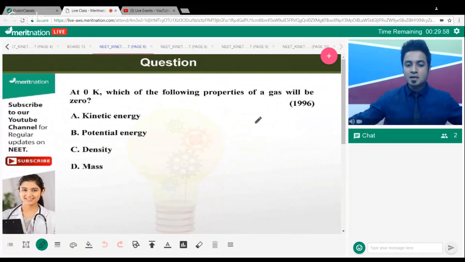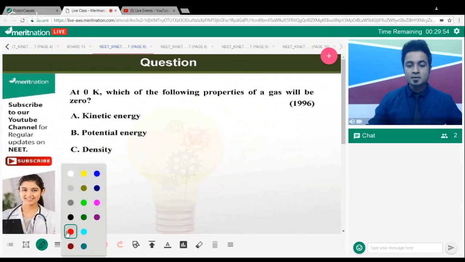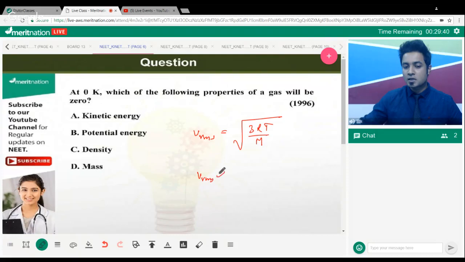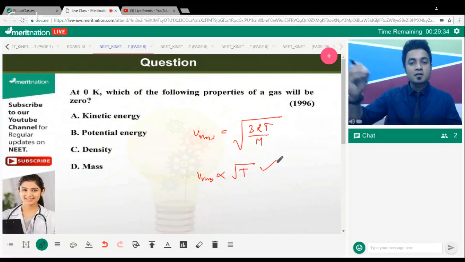I have just told you that the vrms, the root mean square speed, is nothing but under root 3RT upon M, and vrms is directly proportional to the square root of the temperature. And the kinetic energy of a gas, whenever the gas molecules are vibrating and colliding, comes whenever you give the temperature.